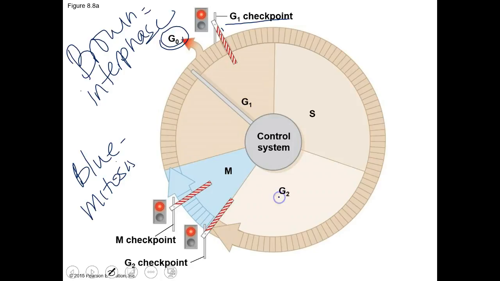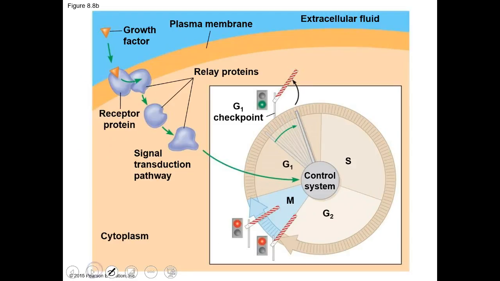We get through G2 and it will check, are we ready in fact to build 2 new cells? If we get through the G2 checkpoint and we are ready to build 2 new cells, then great, we can move into mitosis. Somewhere along the way there are mitosis checkpoints also, just to ensure that the whole thing is moving along smoothly and we're getting 2 proper new cells. So these are our 3 major checkpoints that we would look at.